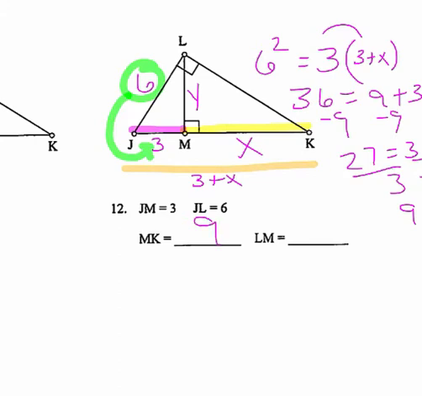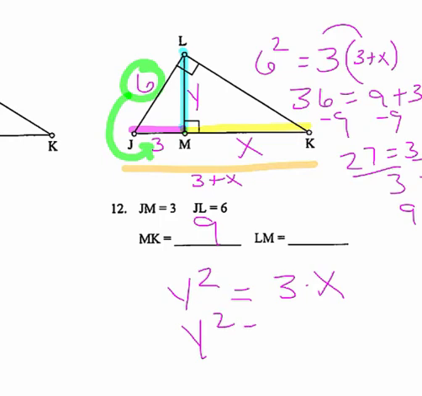So now if I need to find y, I could use the Pythagorean theorem, but I'm going to use that altitude theorem that we came up with to find y. Y is the altitude of the triangle, and the theorem says the altitude squared should equal the two parts that it created, 3 and x, multiplied together.